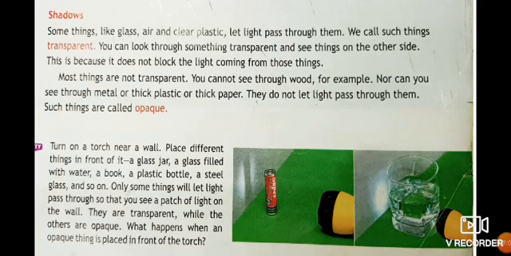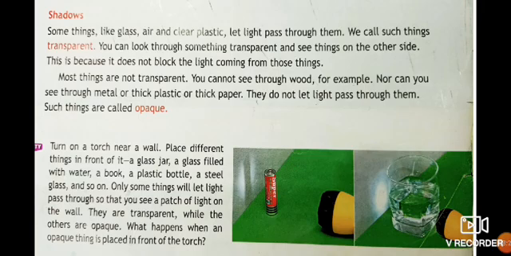Such things are called opaque. So what does opaque mean? The things which do not let light pass through them are called opaque.